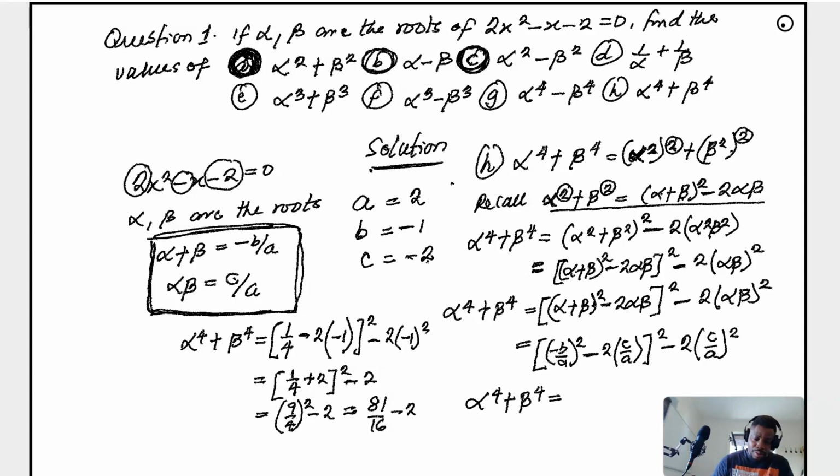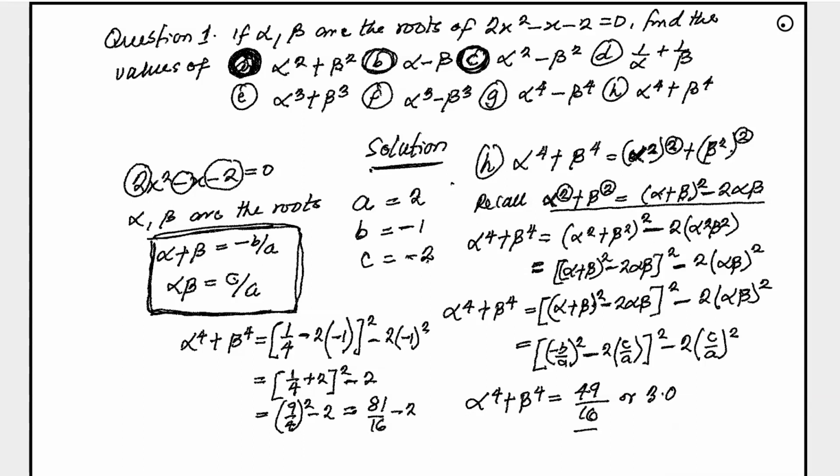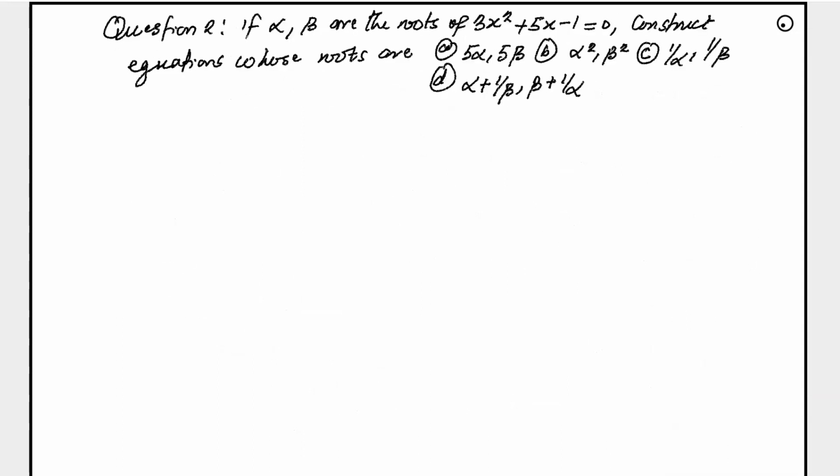So 81 divided by 16, then minus 2. Okay, so that is 49 over 16. Easy. Or you can just say 49 divided by 16, you leave it in decimal. That is 3.0625.